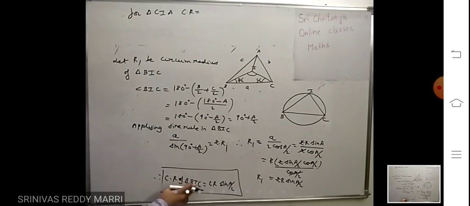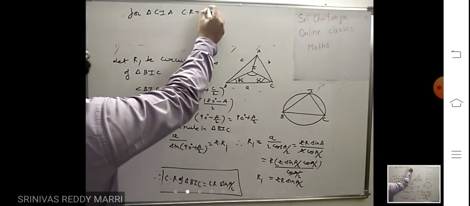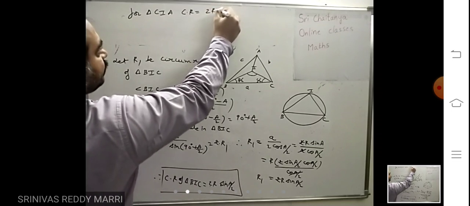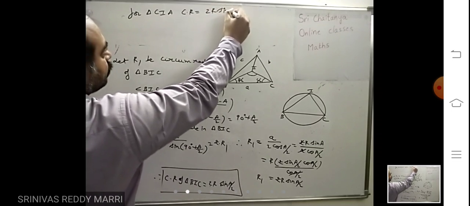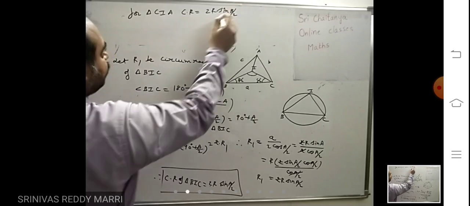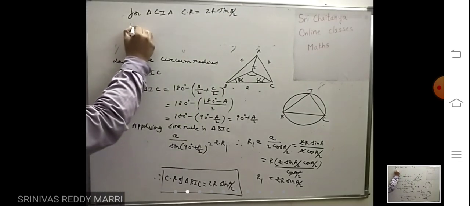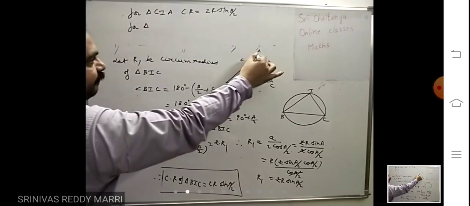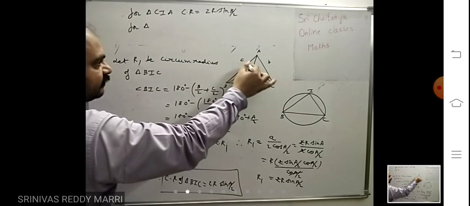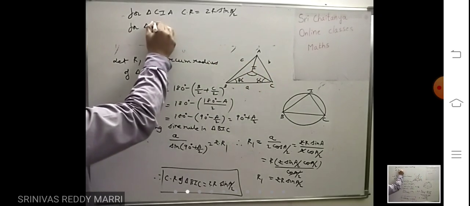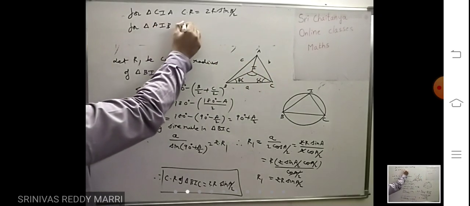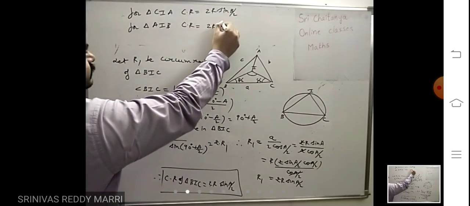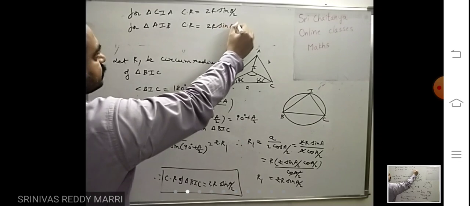For triangle BIC you got 2R sin A by 2, for triangle CIA 2R sin B by 2. Similarly for triangle AIB, you can apply the sine rule: C divided by sine of this angle, and you will get circumradius 2R sin C by 2.